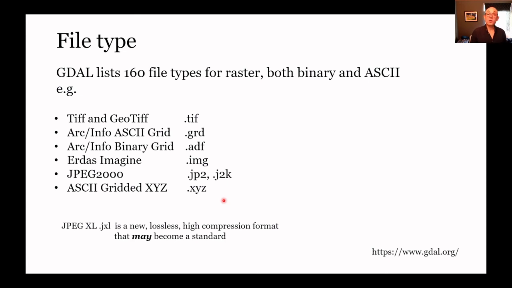Now, a good question to ask is why? Historically, you've had file types that have been designed to be lossy, to minimize the file size, and others that have been designed to not be lossy. But the cases in between there really aren't that many. So why 160 file types?